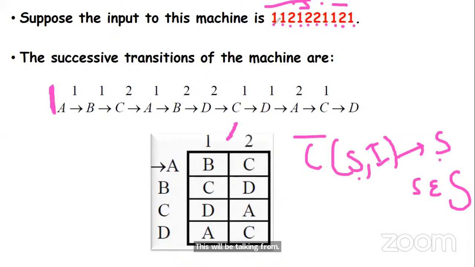The first input is 1, and the initial state is A. So you write down your A. You first read a 1. Here, you are at A, you read a 1, and you go to B. So you write B. You're at A, you take in 1, you go to B. Do you understand?